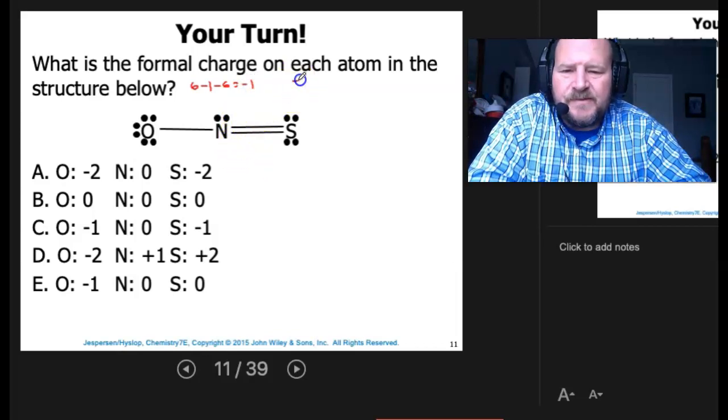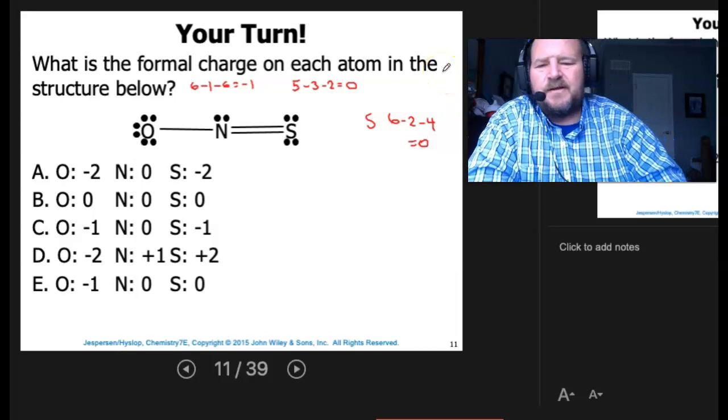Nitrogen starts with 5, has 3 bonds, and 1 lone pair. Sulfur has 6 electrons, 2 bonds, and 4 electrons in the 2 lone pairs. So our answer should be E.